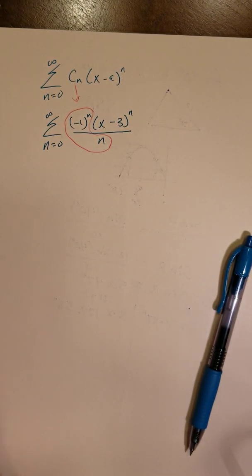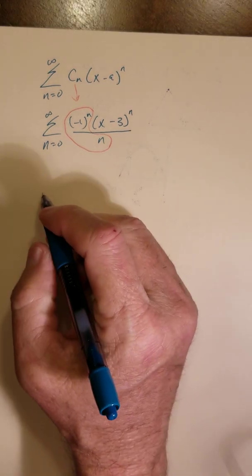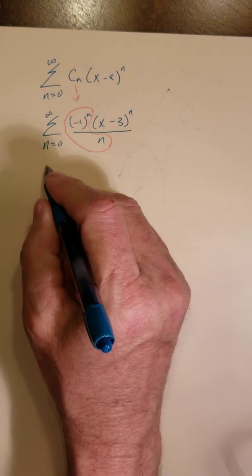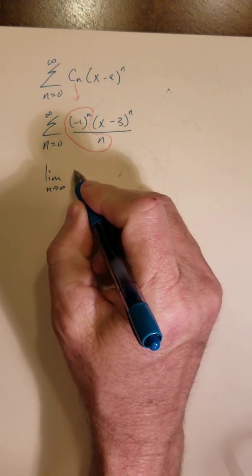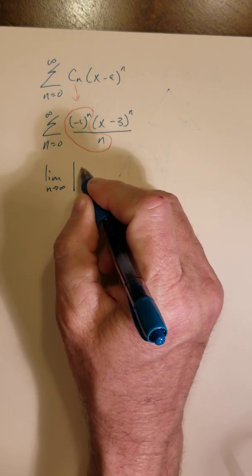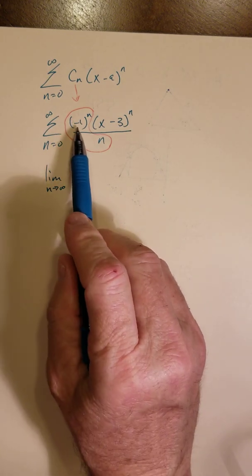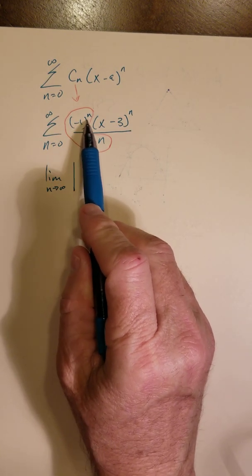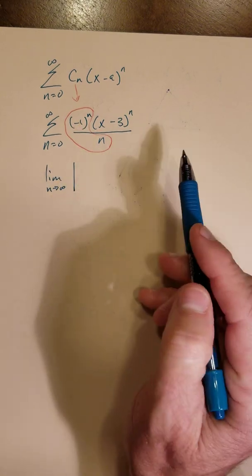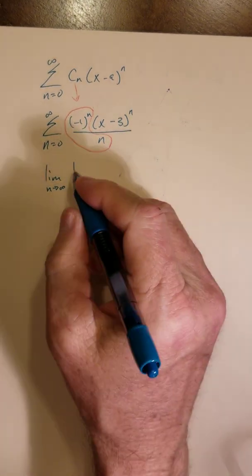All right, so recall that what we said we're going to do is use the ratio test. So we're going to take the limit as n goes to infinity of the absolute value of, now technically we would include this, however the (-1)^n just is a positive or negative sign, and since we're taking the absolute value we don't need to include it, so I won't.